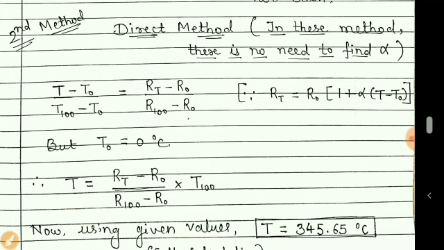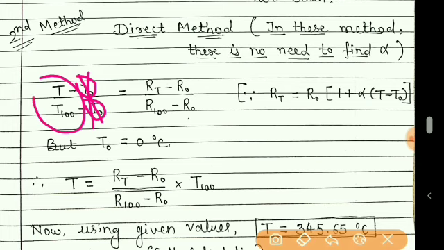But here this T naught is 0, and so we will not write this T naught. So what remained on the left side? T upon 100, and if we make T the subject, this term will move here.